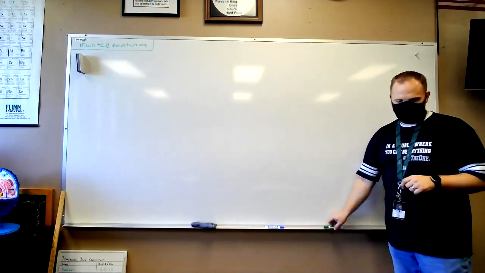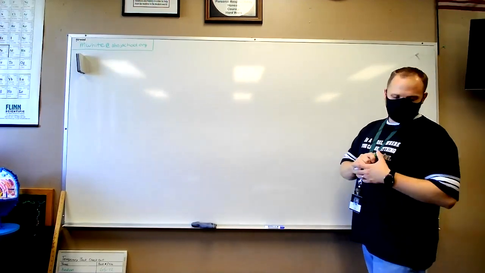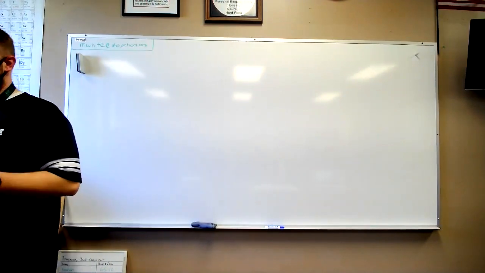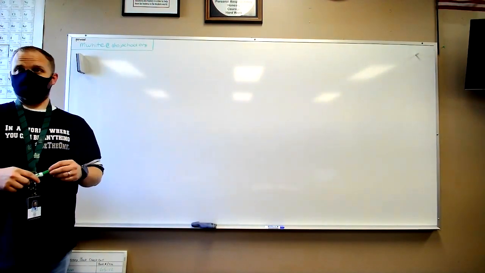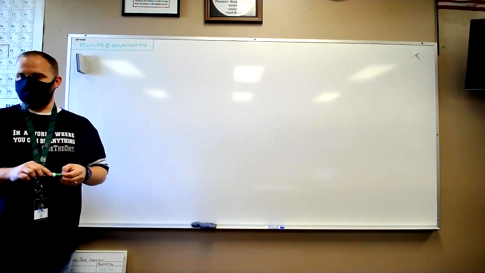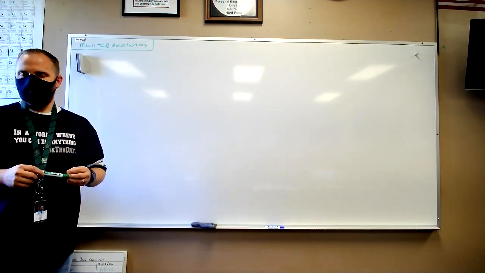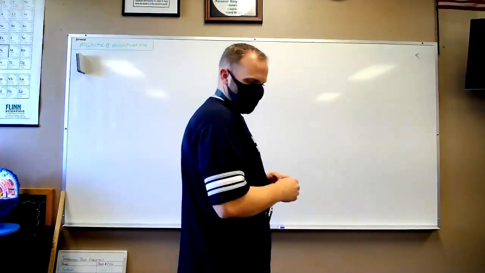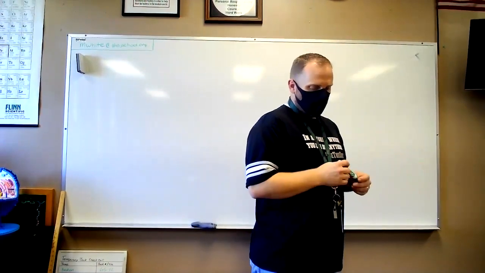Hopefully it makes sense as we go through this. But in order to convert between moles and particles, all we do is set up, now Saxon Math calls it a unit multiplier. Okay. The textbook calls it dimensional analysis. It's the same thing.